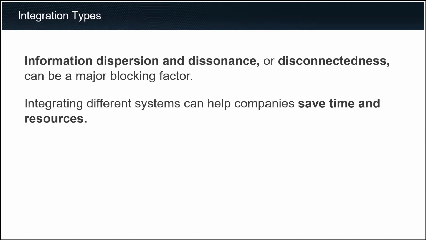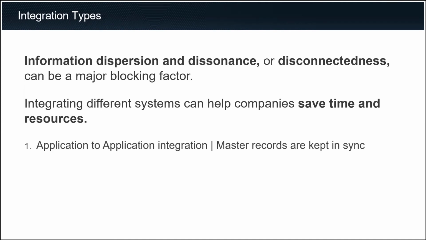If we look at integration, these integration processes can be categorized into three main groups, if I could put it like that. The first one is the traditional application-to-application integration.